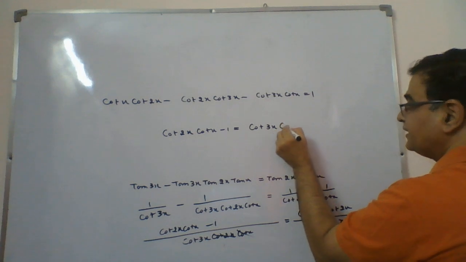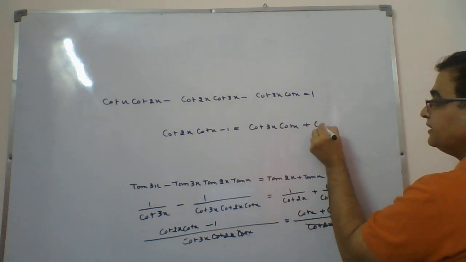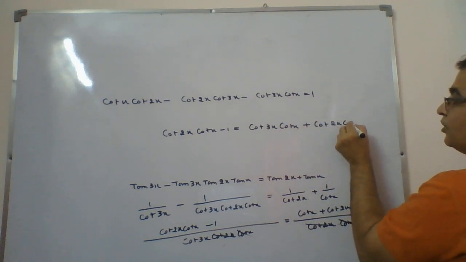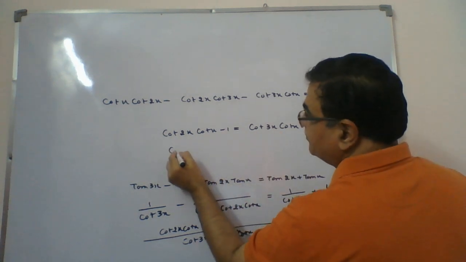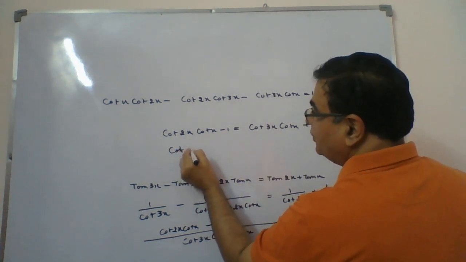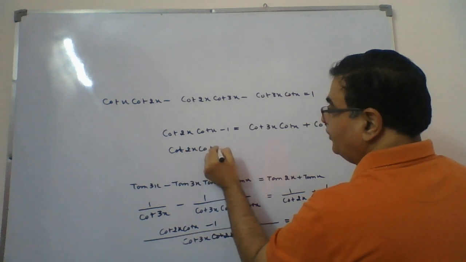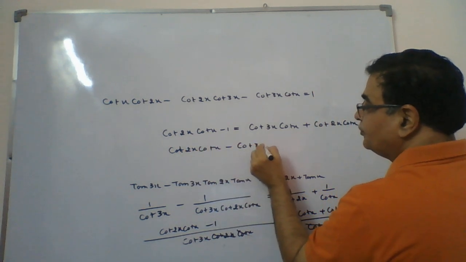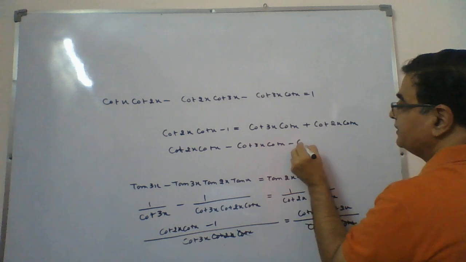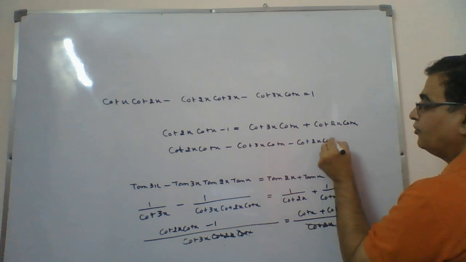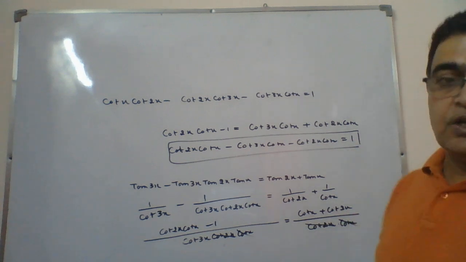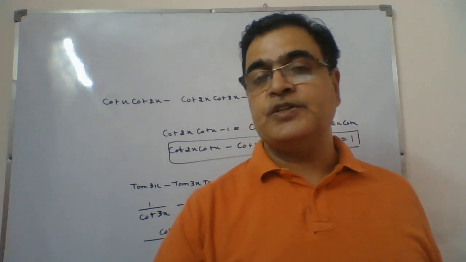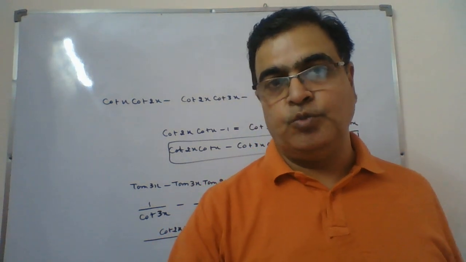So cot 3x cot x plus cot 2x cot of x. And 1 will shift to that side and the remaining terms on this side. So cot of 2x cot of x minus cot of 3x cot of x minus cot of 2x cot of x comes out to be 1. Hence proved. So this way we have a few questions. Next time we'll be starting with more questions.